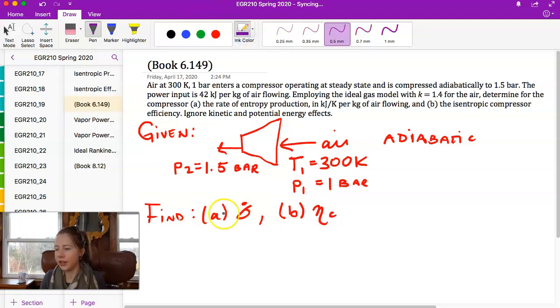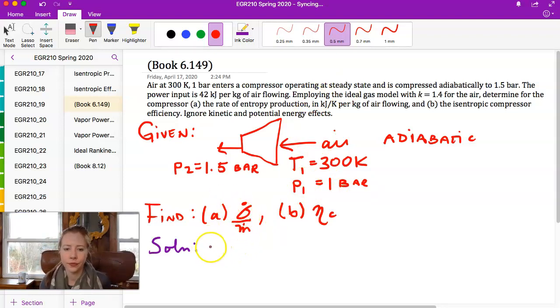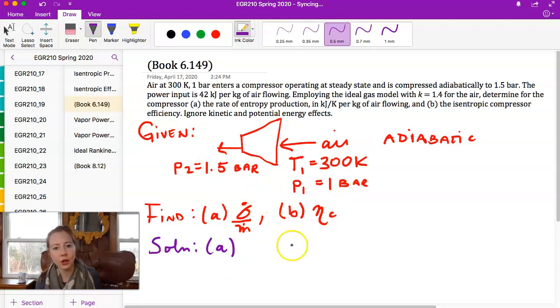So let's go through and solve this. And we're looking for this on a mass basis, over m dot. All right, so let's start with an energy balance. Because we don't know what T2 is, that would be some helpful information to have. So let's just begin by solving for T2 before we get into our entropy balance to get the entropy production.